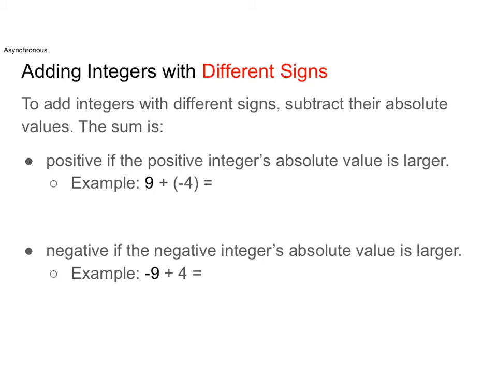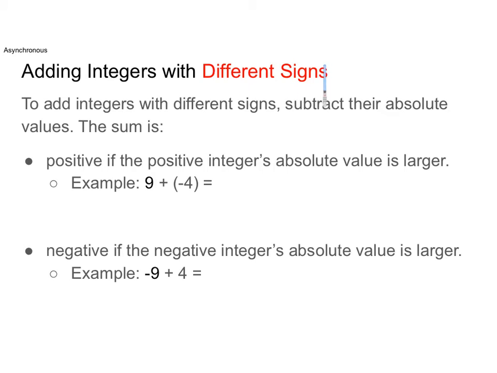All right, this gets a little bit different with adding integers with different signs. Before, we had the same signs. Now these are different. That means one's going to be positive and one's going to be negative. To add integers with different signs, you're going to subtract their absolute values. So in your head, you're going to go, okay, 10 minus 2 or whatever it is. I'm looking here and I have a 9 and a 4.